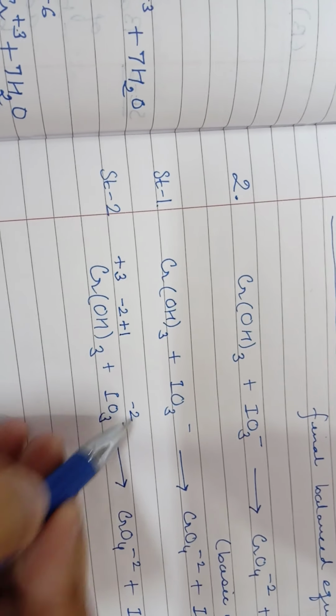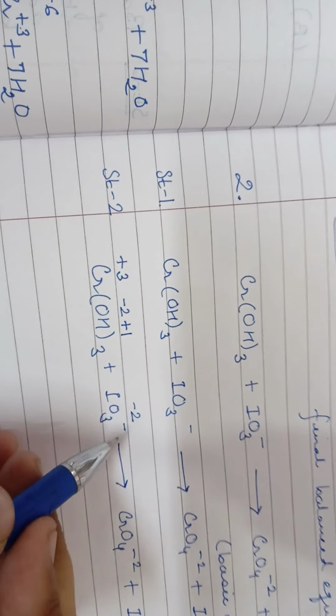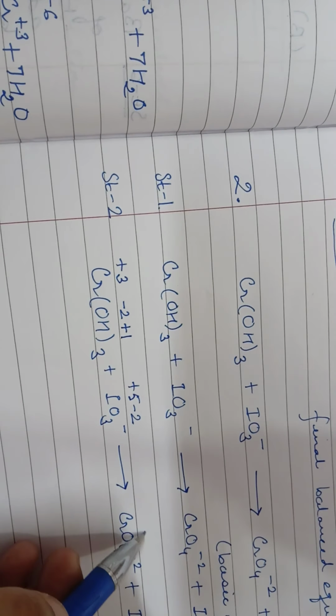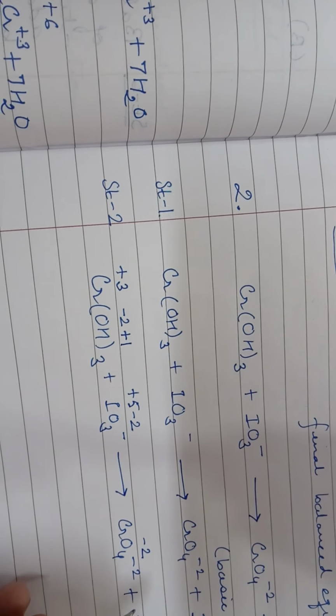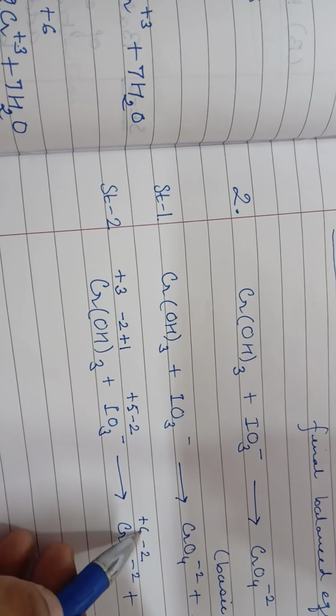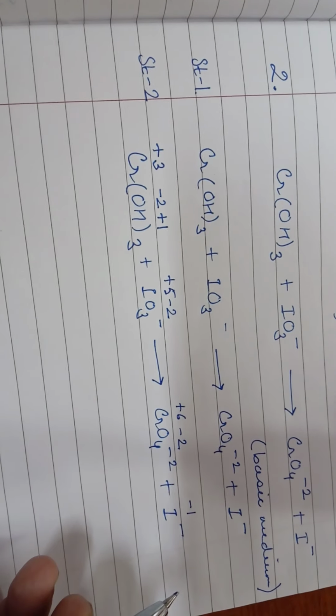Oxygen will have -2, so iodine will have the oxidation number +5. Here oxygen will have -2, so chromium will have the oxidation number +6. And here you can see iodine has -1.